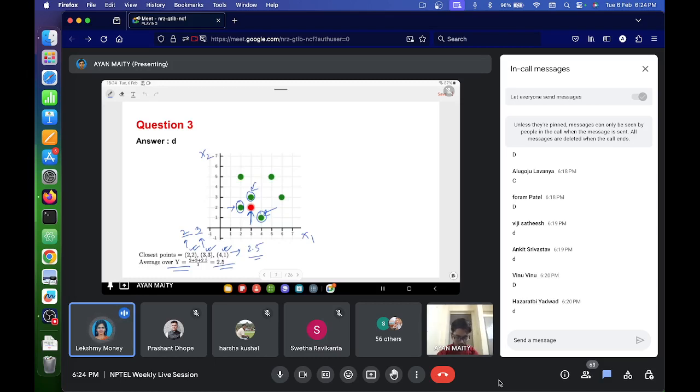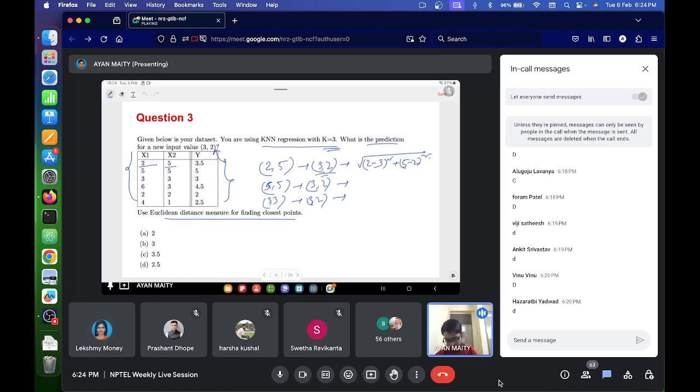So the question was that this is the training data set. X1, X2 are the two input features and Y is the output variable, and you have to use KNN regression with K equals 3, find the three nearest neighbors, and the input point is 3, 2.